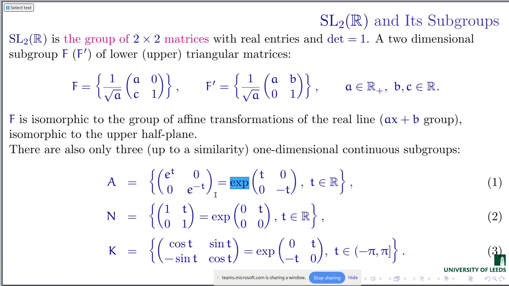And it's possible to demonstrate that all one-dimensional continuous subgroups of SL2R are similar to one of these groups. Again, we may immediately notice that the groups are rather different. For example, the K subgroup is compact. This is why it's called K. We have here periodic functions cosine and sine, so the parameter is just limited to the unit circle, minus pi to pi.